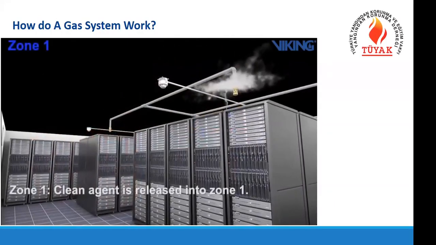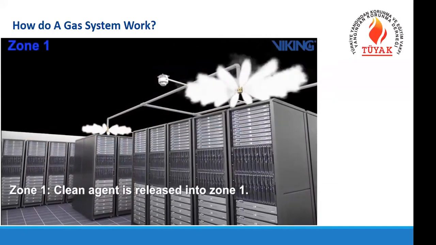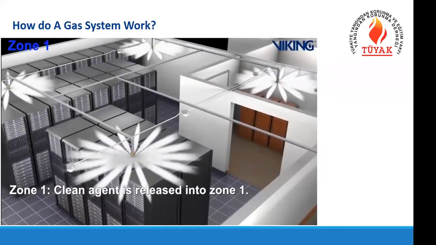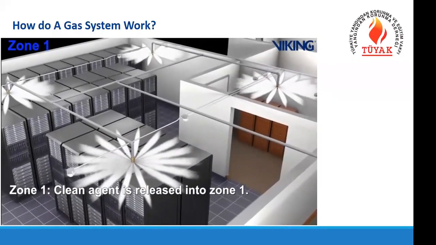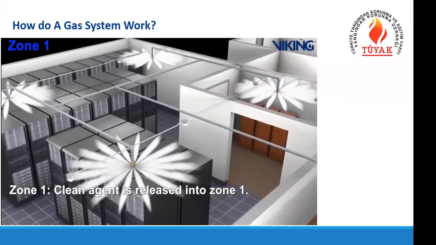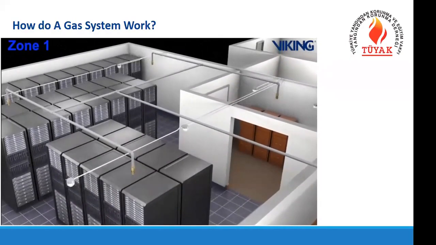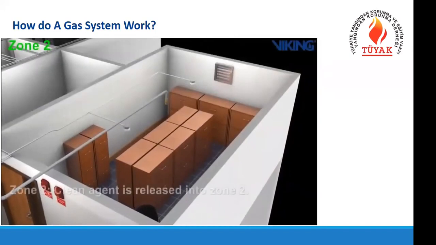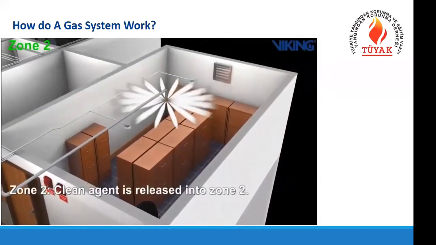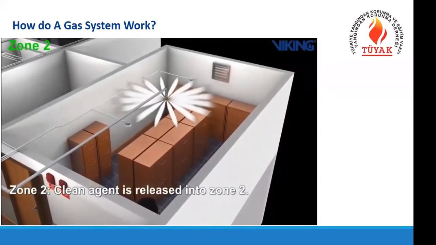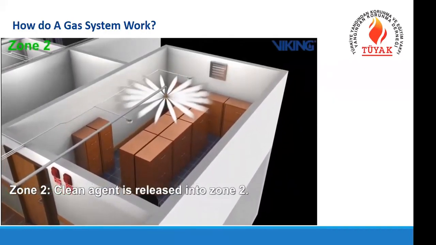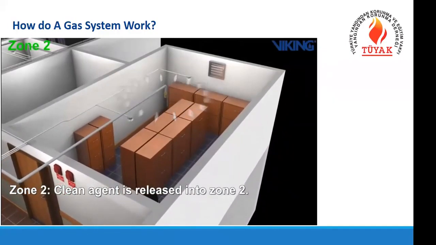And as you see now, in zone 1, the gas is discharged to the room and controls the fire. Or otherwise, if it's zone 2, it's only one nozzle and one cylinder. It's a very small room. It discharges the room in 10 seconds, and it controls the fire.